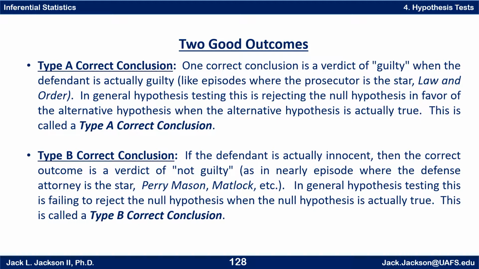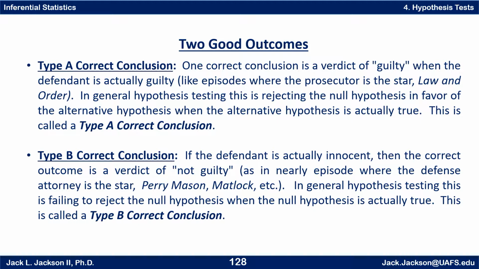The other type of thing that would be good would be a type B correct conclusion. If the defendant actually is innocent, then the correct outcome is a verdict of not guilty. And this happens in nearly every episode where the defense attorney is the star, like the old TV shows Perry Mason or Matlock, or maybe a newer one, maybe Bull, where they're defending someone.